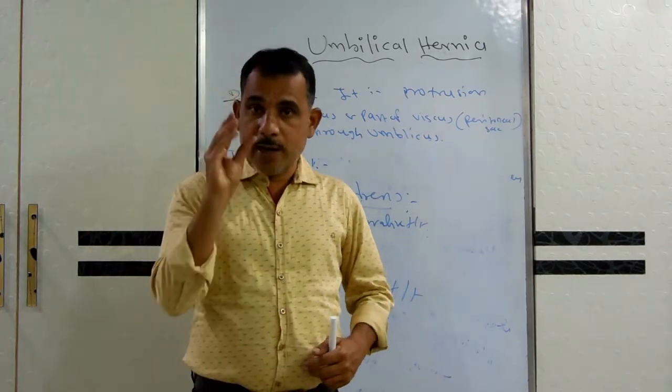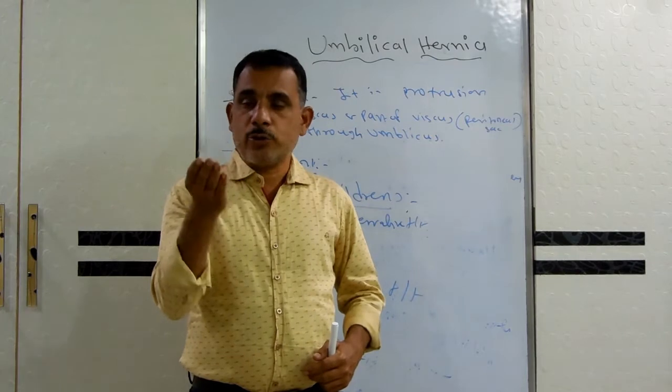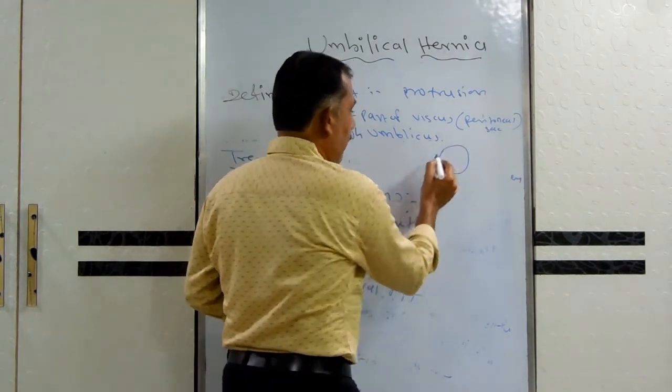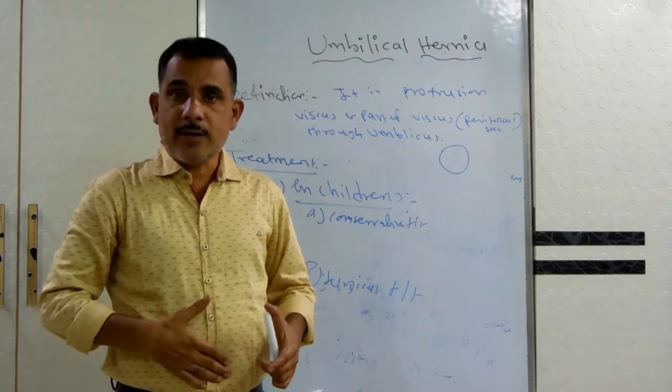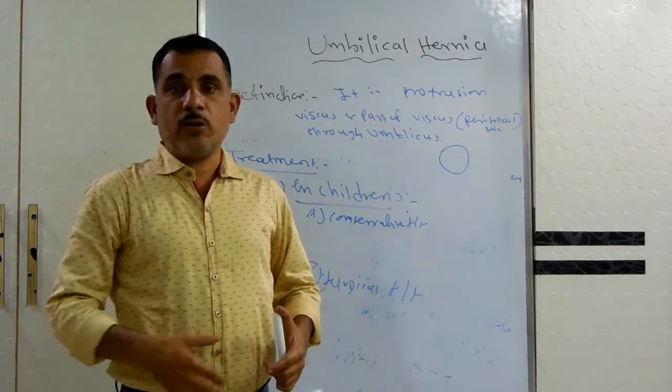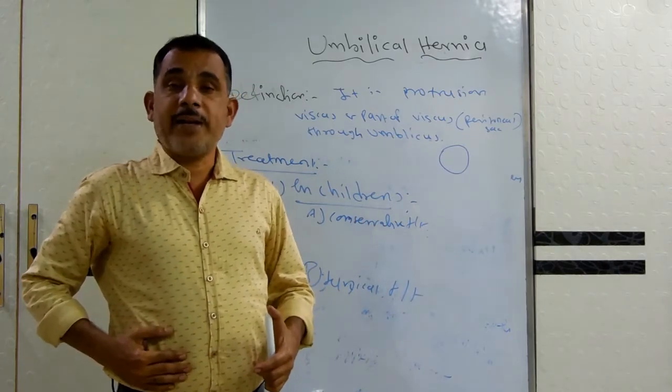If the protrusion is larger and the gap is more, use the round metal plate, keep it on the umbilical scar and fix it with a bandage.